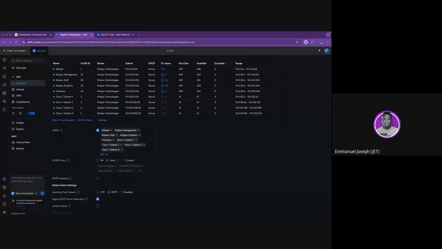Okay, perfect. So now let us divide another class C network into 8 instead of 4. I've mentioned that if you want to divide it into 8, that's going to be a total of 27 bits. We'll be borrowing 3. So if you are borrowing 3, who knows the first IP address?